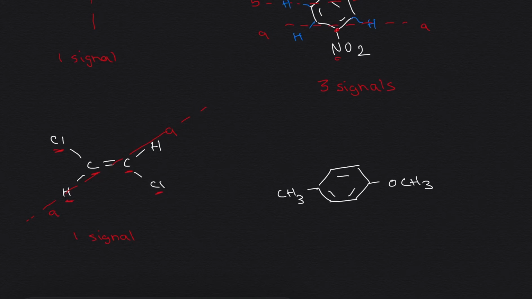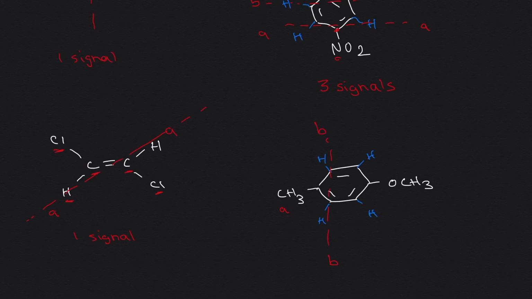Okay, once again, we can just draw in our implied hydrogens. What do we have? Okay, this is its own signal right there. You see that these are being affected by these over here, and by these, both equally. They're both the same distance apart from that. So these are in the same environment.